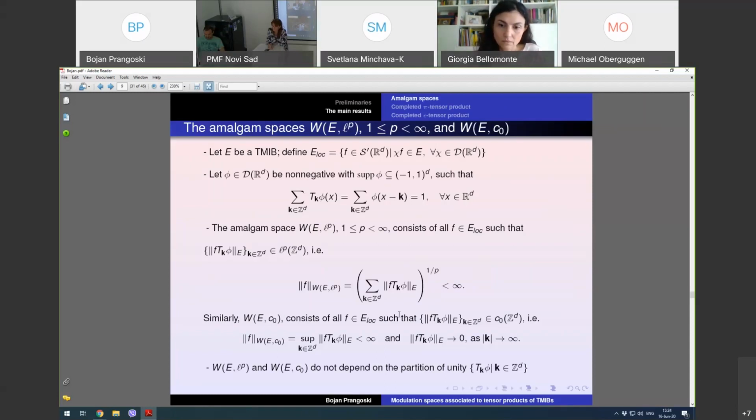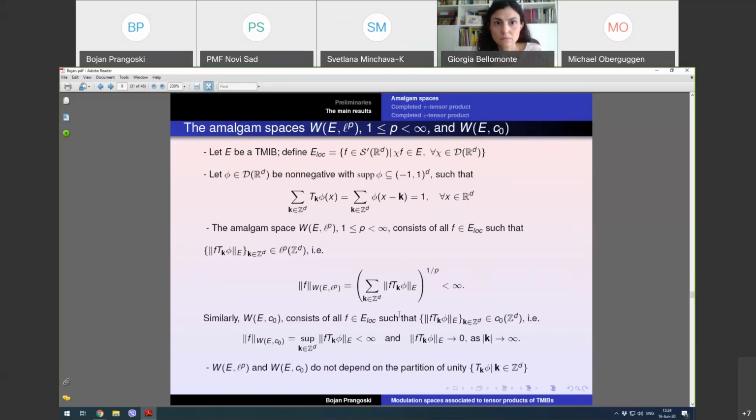But because we have this separation of a function from B into function in S and in B. Yes, I understand what you mean, but that's why I said that if one can define the amalgam spaces for quasi-analytic classes, so without functions with compact support, then probably in the same way you can do for the epsilon product without using functions with compact support that we did in the proof.